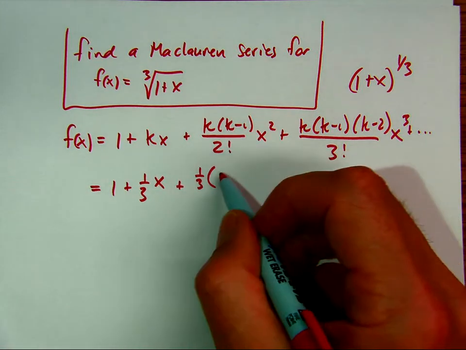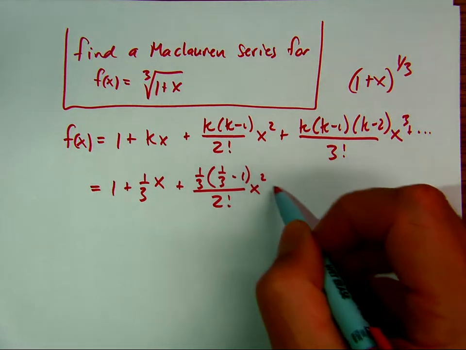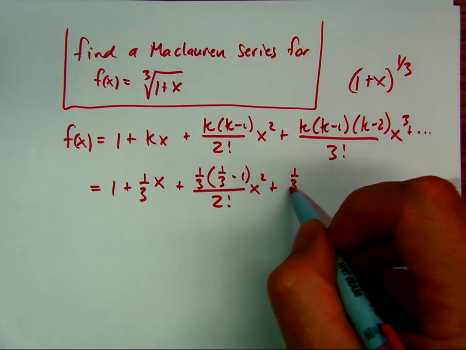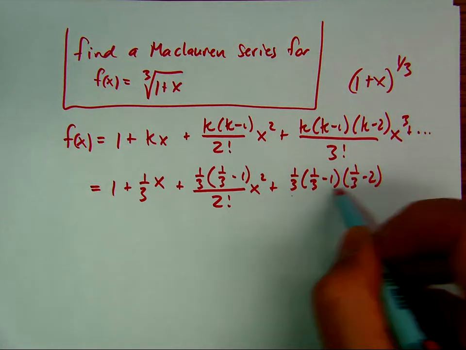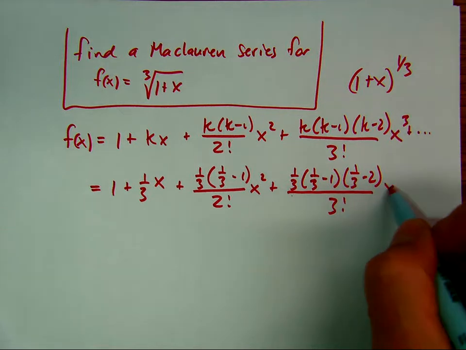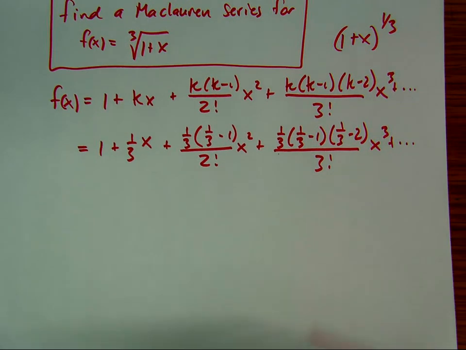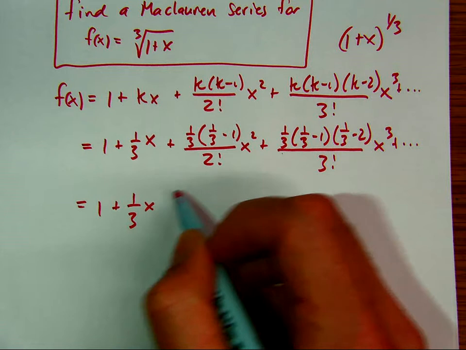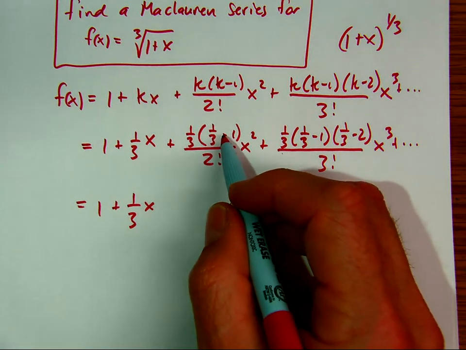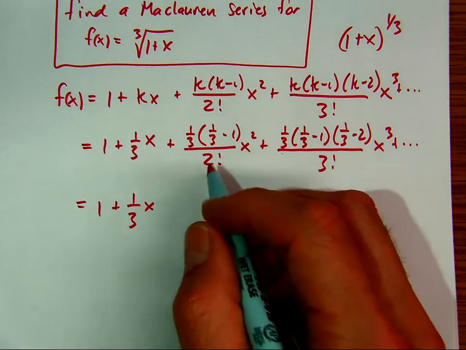One-third minus 1. Then we have 1/3, 1/3 minus 1, 1/3 minus 2, this is going to be negative 2/3.